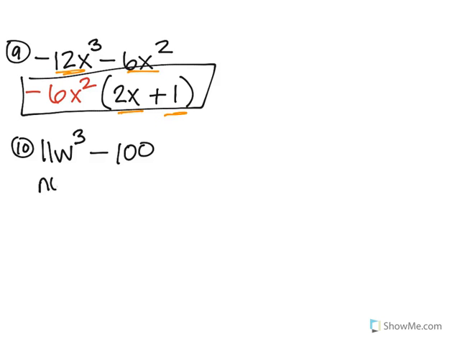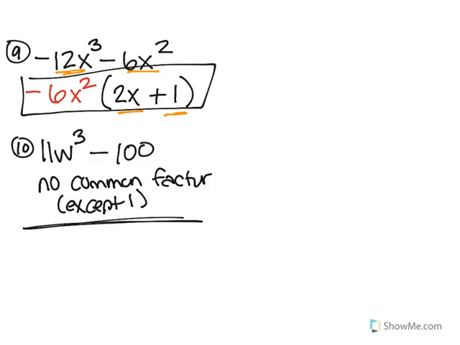So it might be on my labs that you have to say no common factor. This might be the choice that you pick. Except 1, but I always tell students this is already simplified. You can't do anything with that. Does that make sense? Okay.